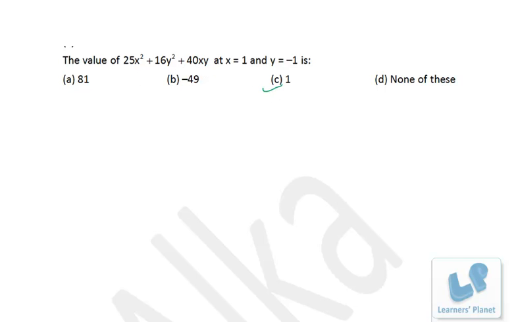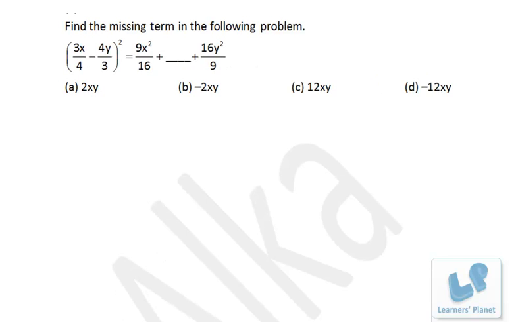Here it's a minus b whole square is expanded as this, and the middle term is missing, so that we have to find out. So a minus b whole square is what? I write it over here. A minus b whole square is a square minus 2ab plus b square. Now a square is given, b square is given, this middle term we have to find out.